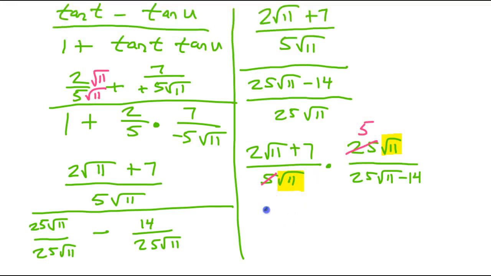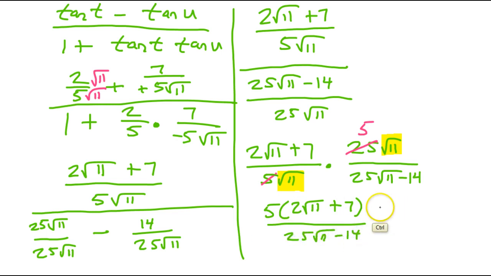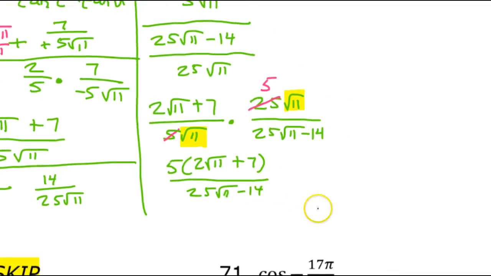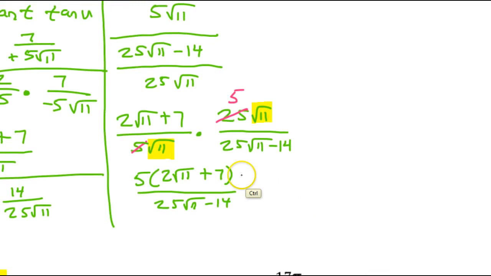Okay, so what I have now is 5 times 2 radical 11 plus 7 over 25 radical 11 minus 14. All right, this 5 in the front is this red 5 right here. Okay, so all I'm really going to do is distribute this 5, and that should be my final answer.